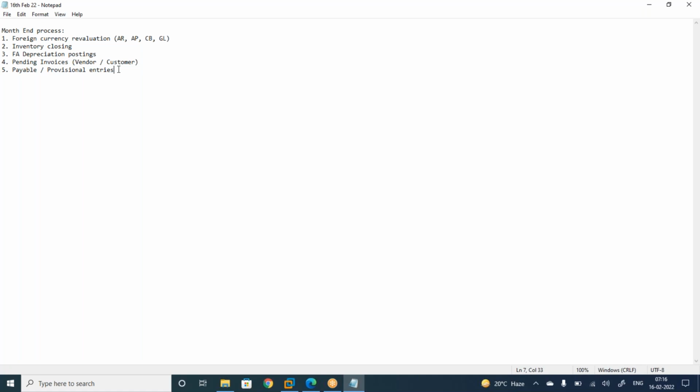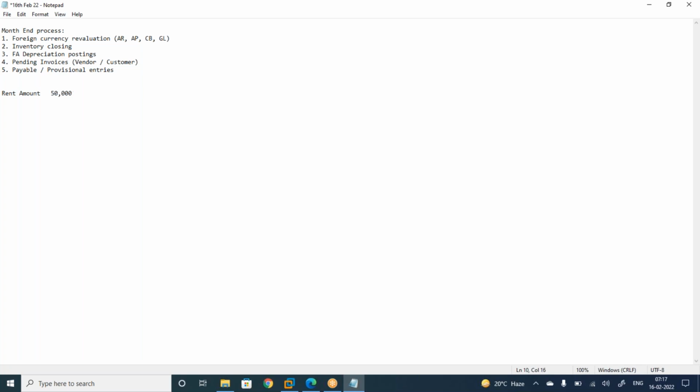For that we need to book the expense against a liability account. What accountants will do is post a journal entry, expenses account debit to liability account. Suppose the rent amount I need to pay is 10,000 or 50,000 rupees.